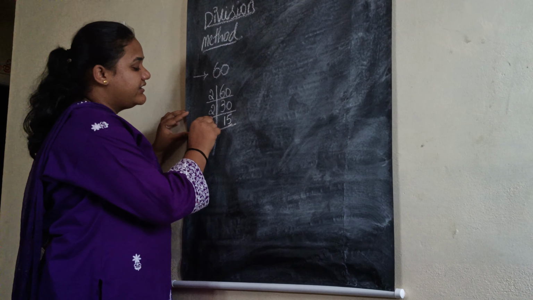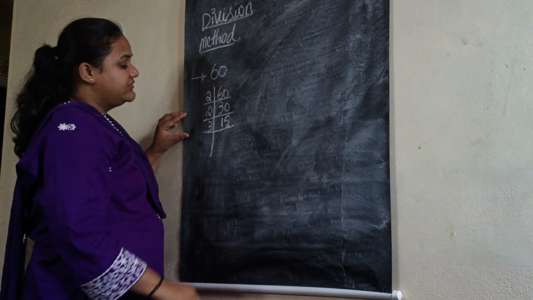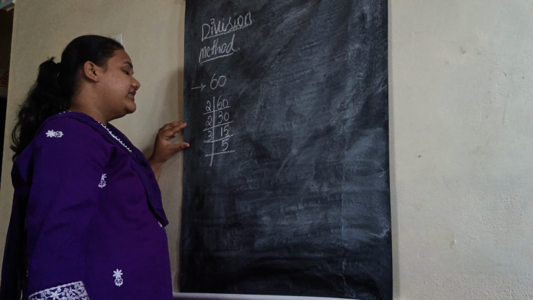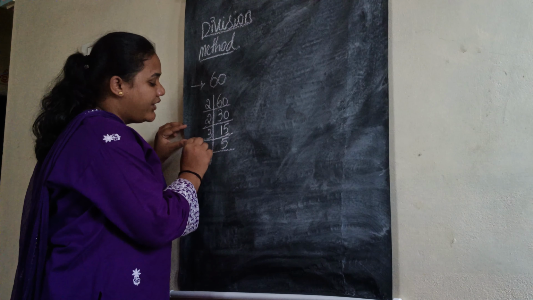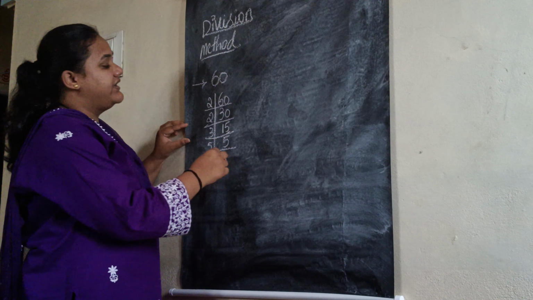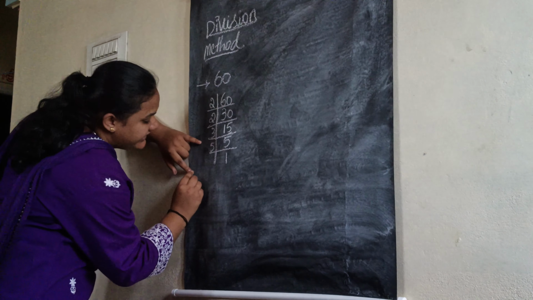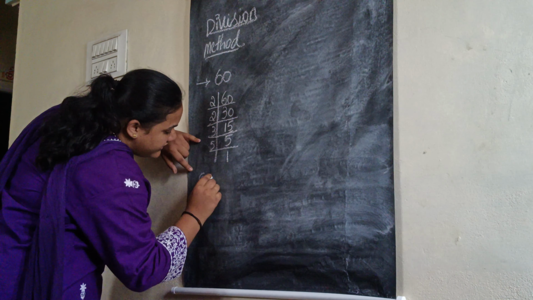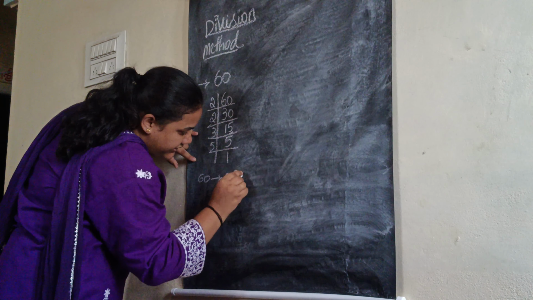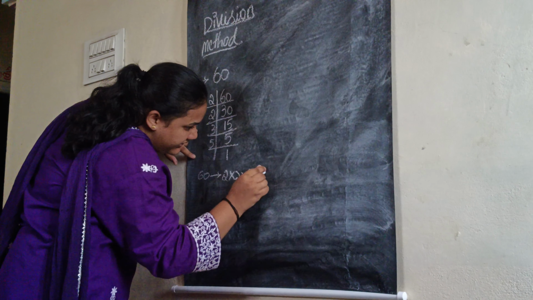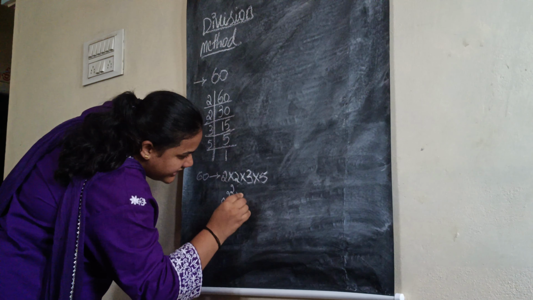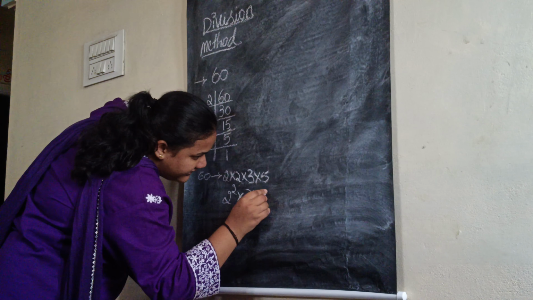So I am taking 3, the next prime number. 3 5s are 15. 5 is already a prime number, we cannot split it again. 5 ones are 5. If we write it in factor form, 2 into 2 into 3 into 5. In exponential form, 2 square into 3 into 5.